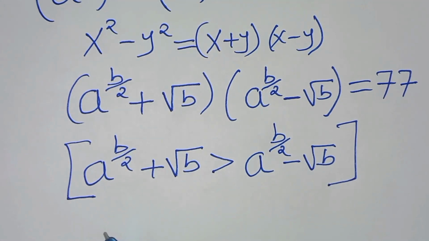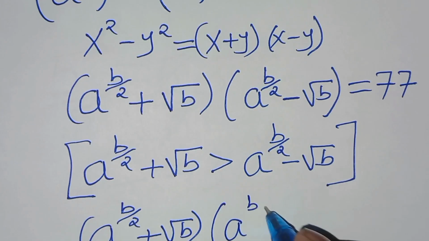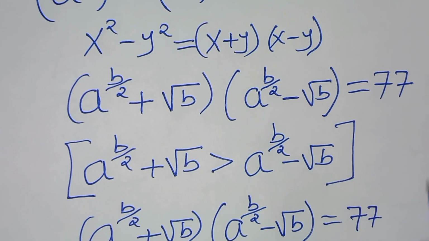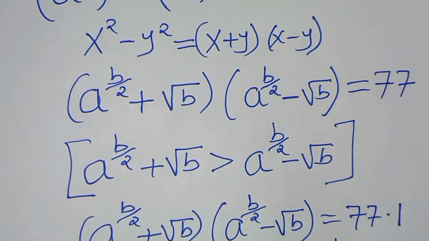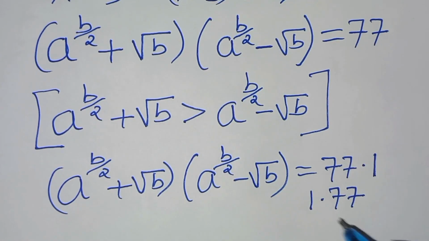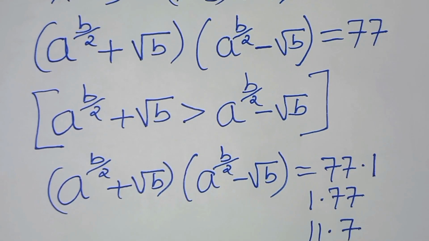So we have a to power b over 2 plus square root of b, and then a raised to power b over 2 subtract square root of b, this is equal to, now the factor pairs of 77, one of them is 77 times 1, then we have 1 times 77, then we have 11 times 7, then we have 7 times 11.